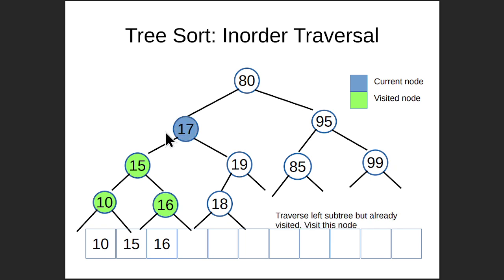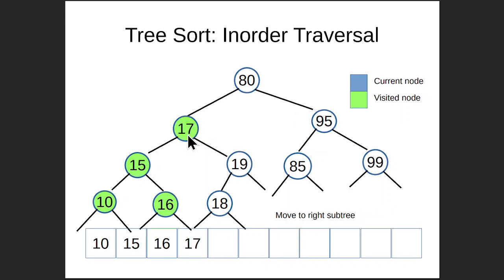Now, for this node 17, we have already visited all the nodes in its left subtree. Therefore, we can visit 17. After we visit 17, we need to visit its right subtree, which is 19.